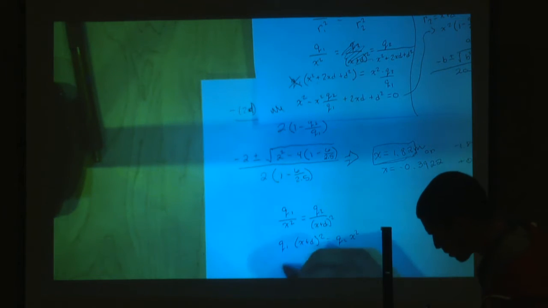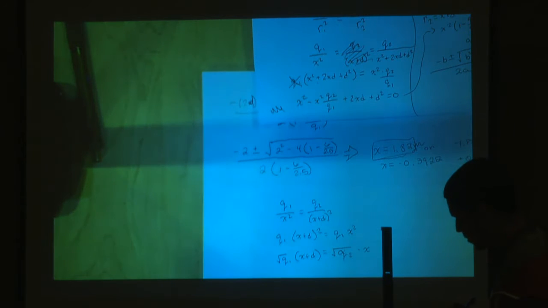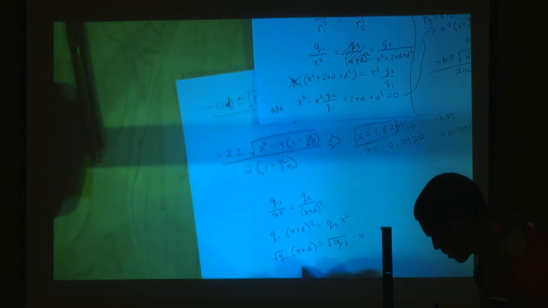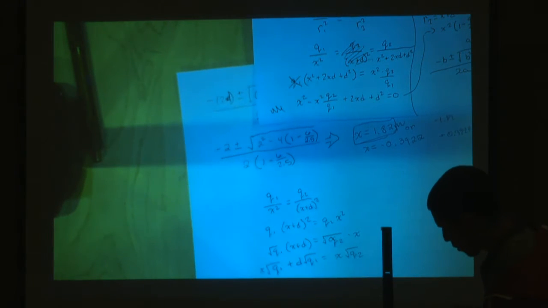And square root both sides, so then we have the square root of Q1 times x plus d equals the square root of Q2 times x. Then, let's get these both on the same side.